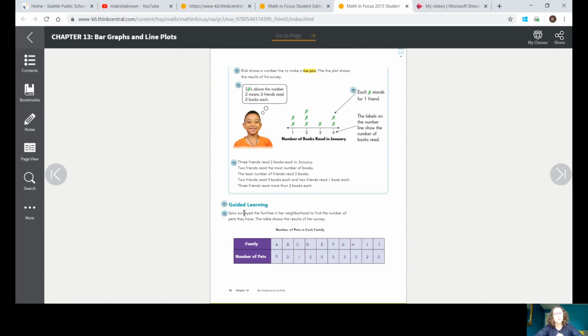Remember, a survey is that you're just asking a bunch of people and collecting a lot of data, okay? So it looks like she's got the families. They're all represented just by a letter of the alphabet. And then each family, there's their number of pets. So family A has 5 pets, or family G has 2 pets.